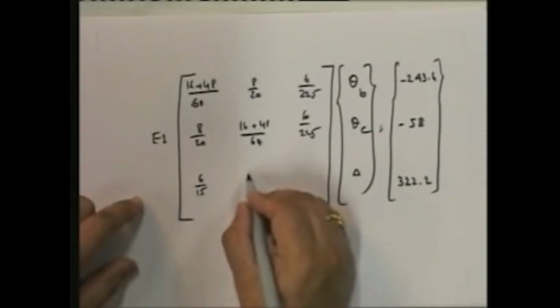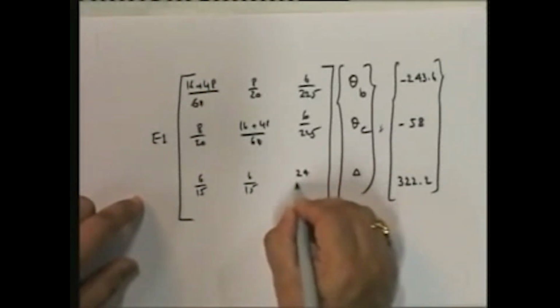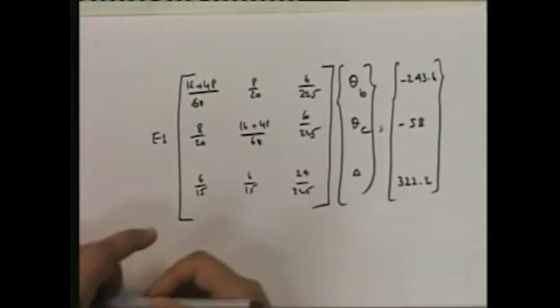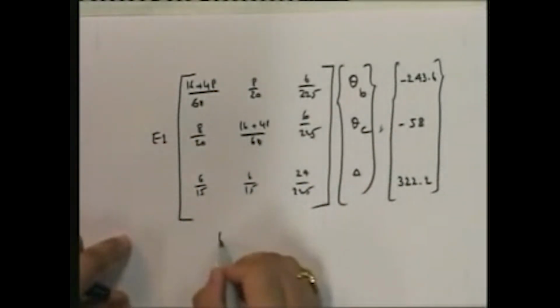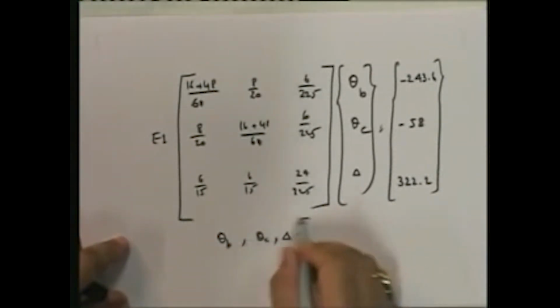Six by 15 is going to be 6 by 15, and this is going to be 24 upon 225. So this equation, if you solve for it, you can get theta B, theta C, and delta.